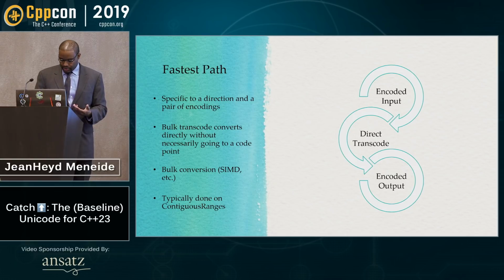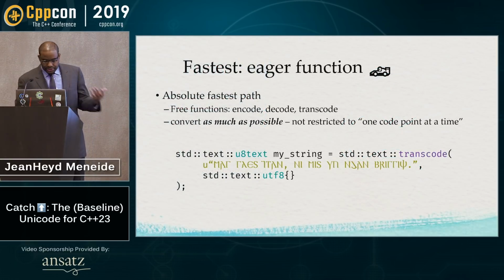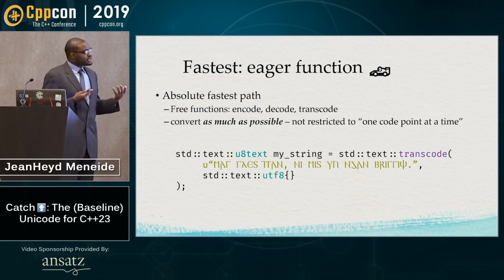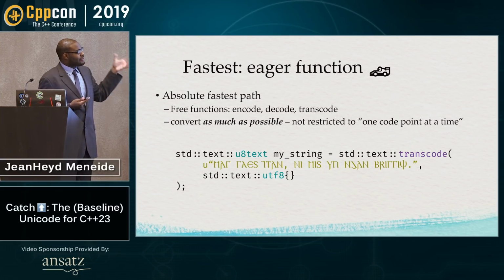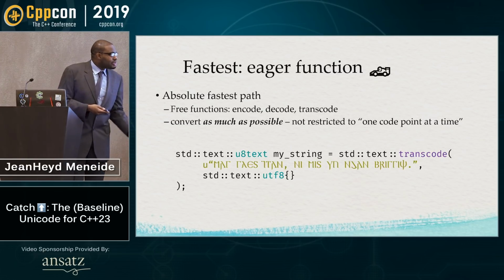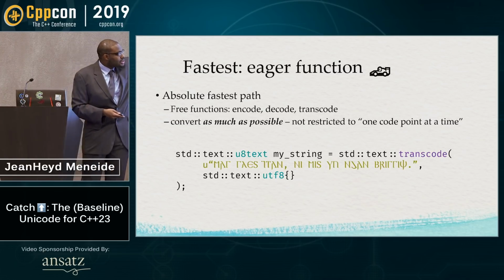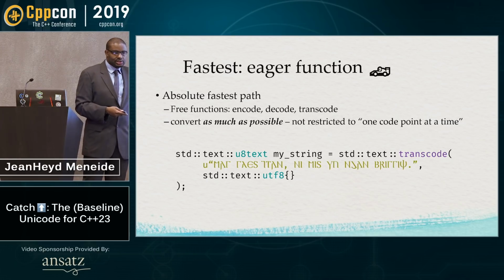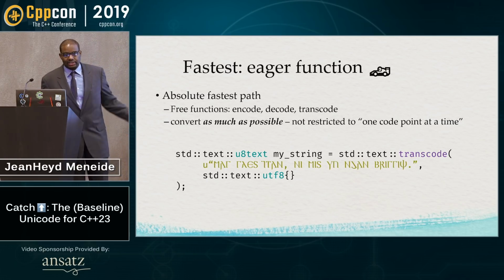The first thing we do is enable the standard itself to have a way of fast transcoding. We make these new functions called encode, decode, and transcode. You can take an input, give it an output encoding, and it transcodes the whole thing at once.